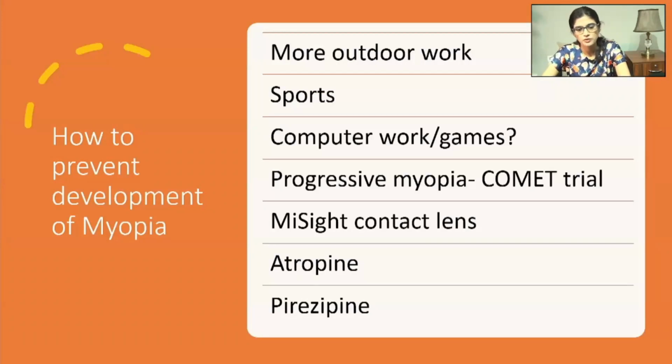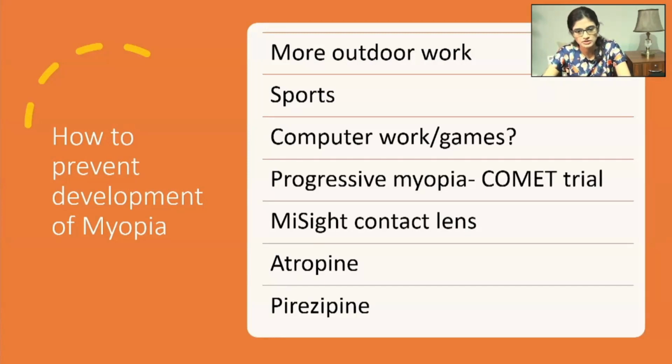So how do we prevent it? Most patients, especially if they are having myopia, would ask this question about their children: how would they be able to prevent the child needing spectacles? One of the important things, from these studies regarding association and risk factors, is that if you do more outdoor work, your requirement of accommodating the lens is less.